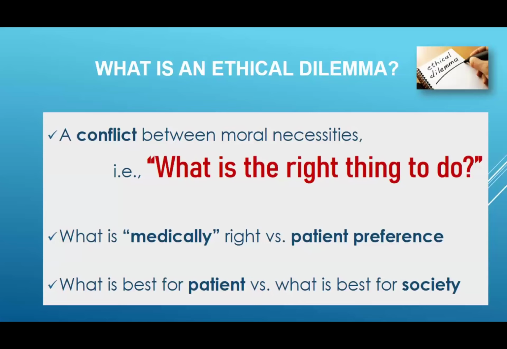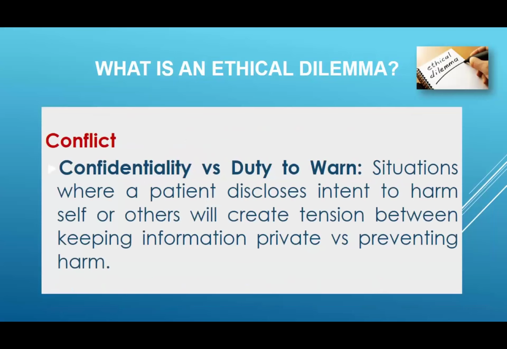Sometimes the conflict can arise between the patient and his relatives, the patient and his doctor, the doctor and the relatives of the patient, and the law, okay? All of these are conflicts that lead to ethical dilemma. For example, a conflict can be between confidentiality and the duty to warn.